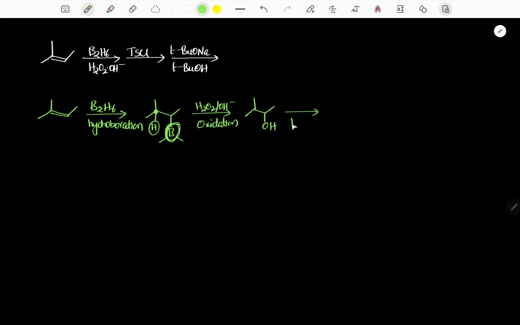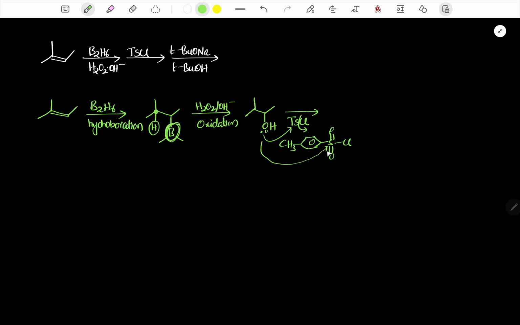Now it is treated with tosyl chloride. Tosyl chloride is para-toluene sulfonyl chloride. So here what happens? The lone pair attacks the sulfur, and Cl will leave.